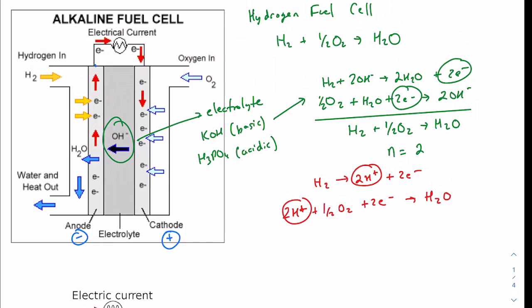And again, water is being produced when the ions are going across the electrolyte and coming into contact with the H plus ions that are being produced, and then it's being removed from the cell.